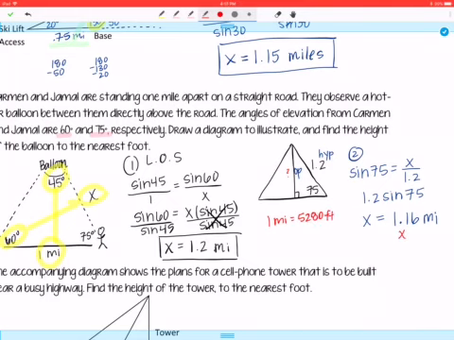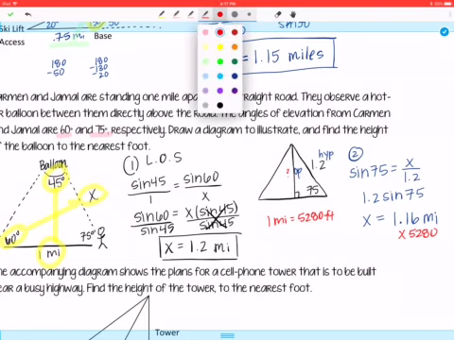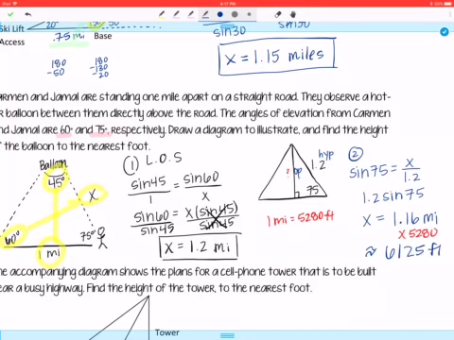So if we take 1.16 and multiply it by 5,280, that is roughly 6,125 feet, which seems like a reasonable height for a hot air balloon.